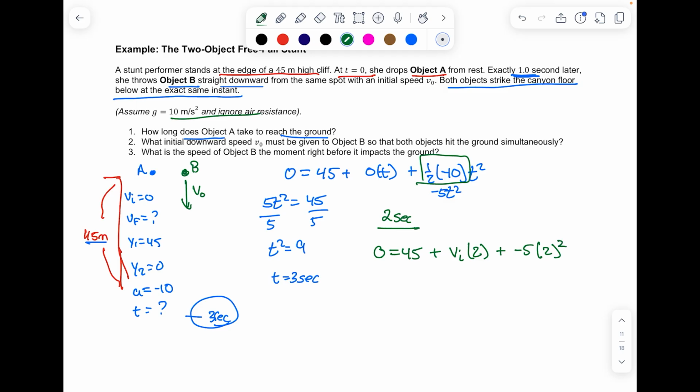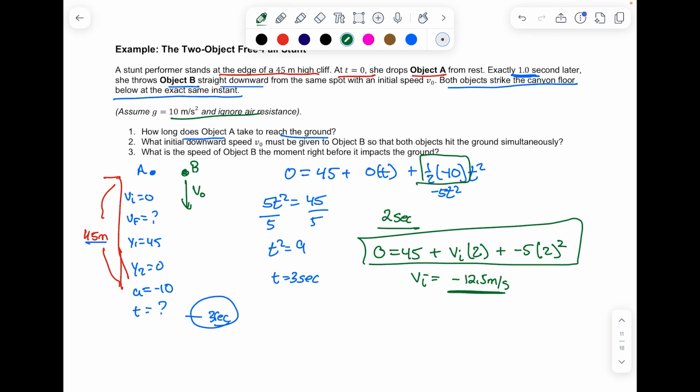You can solve the math; I'm not going to worry about it. V initial turns out to be a negative answer, negative 12.5 meters per second. You do some algebra to solve this. Does a negative answer make sense? It does, because downward is negative and upward is positive when we deal with free fall objects.